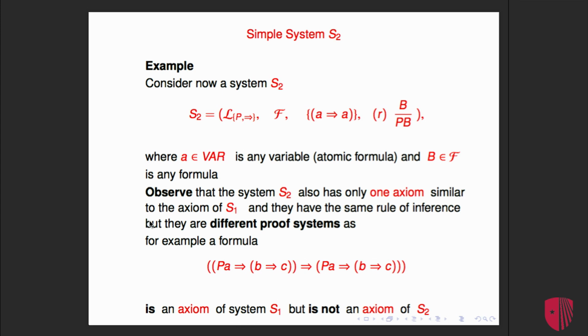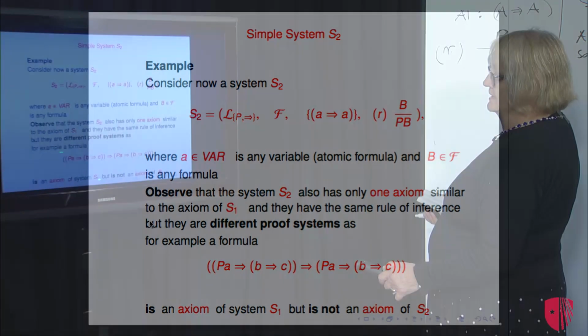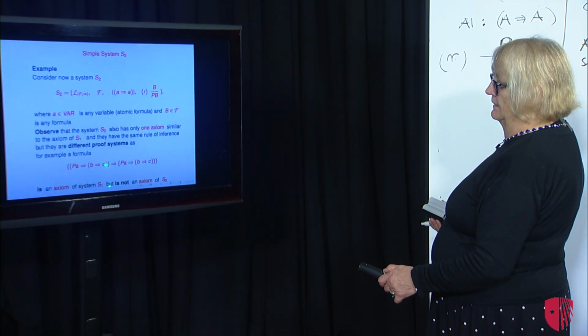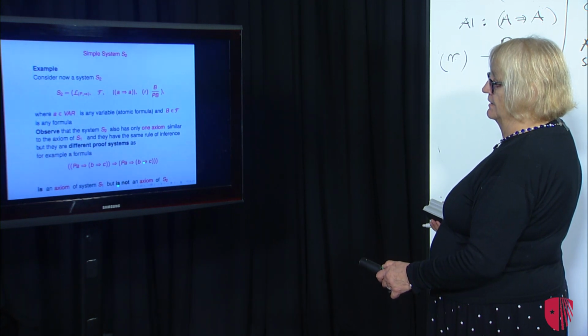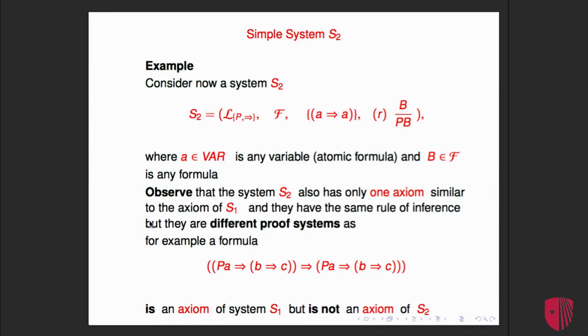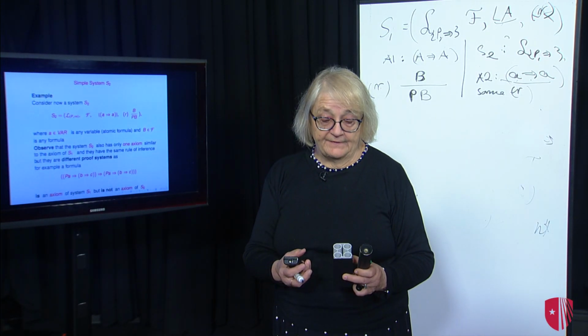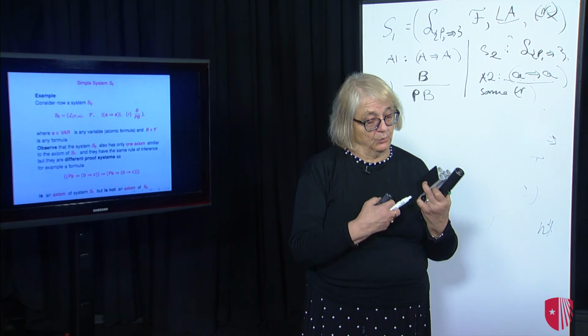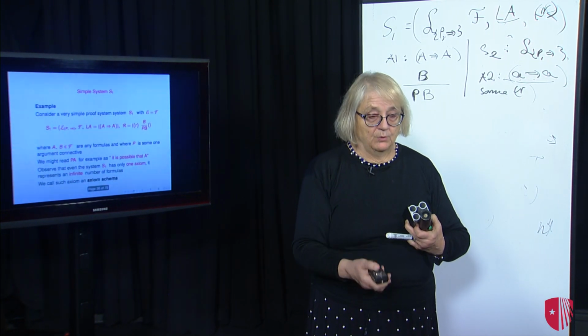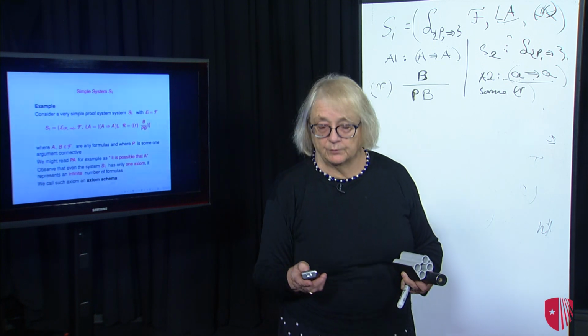For example, that complex formula is an axiom of S1 because this is capital A. You see that this is the same formula as here, and it's not an axiom of S2, which is only A implies A. You can only have one variable, and here you have a complex formula. So that is very important to remember when you construct formal proofs.